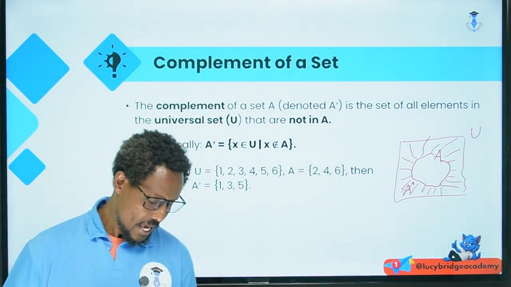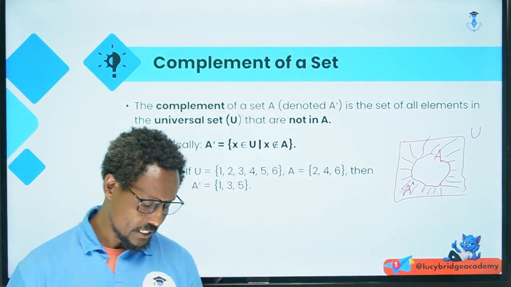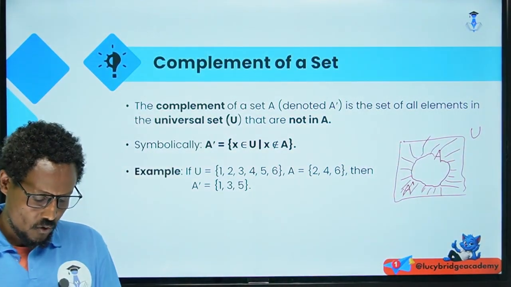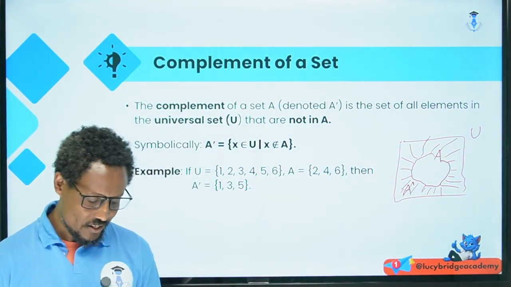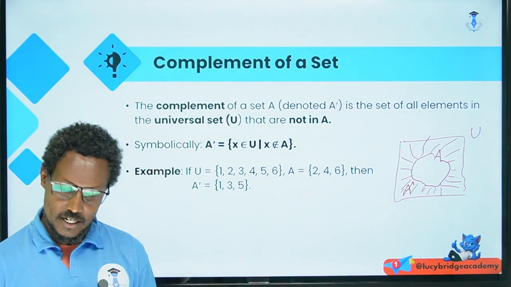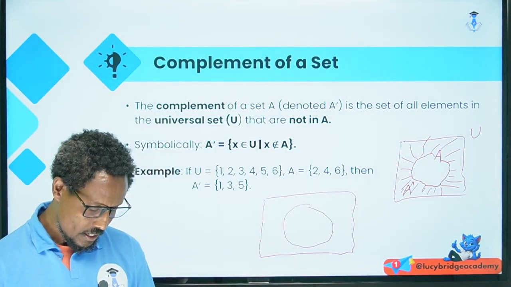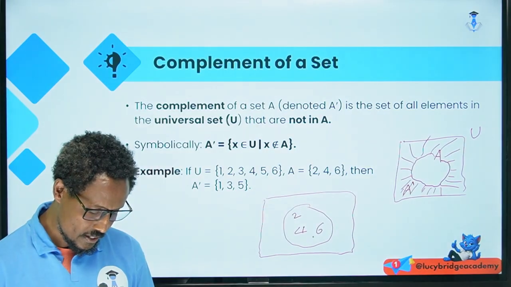Example: if the universal set U is equal to the set containing 1, 2, 3, 4, 5, 6 and A contains 2, 4, 6, then A complement is 1, 3, 5, because 1, 3, 5 is in U but not in A. Let me describe this set using a diagram.